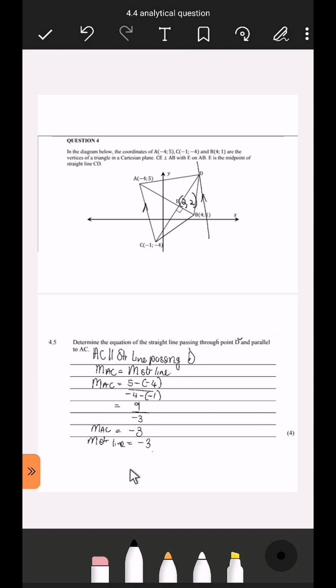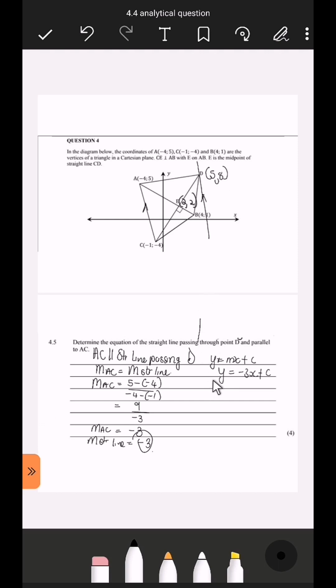And then they asked us to find the equation, right? So we have the normal y equals mx plus c. We substitute in the -3, so we're going to have y equals -3x plus c. Then we substitute one point on the graph. We had calculated that D has x value 5 and y value 8.